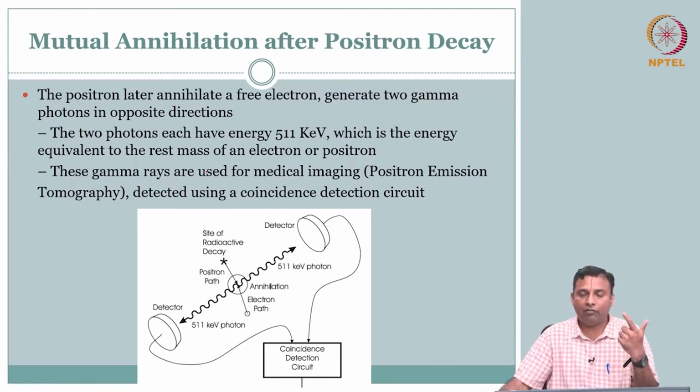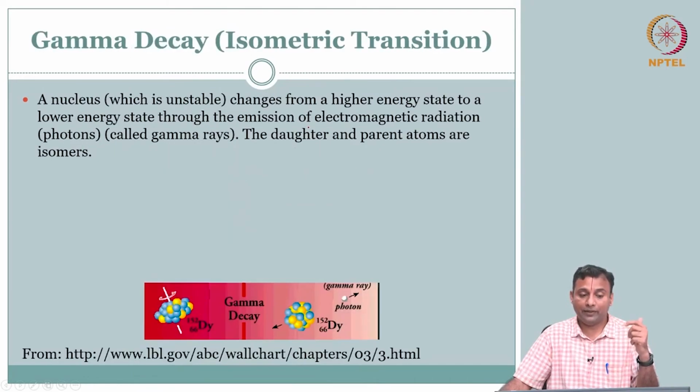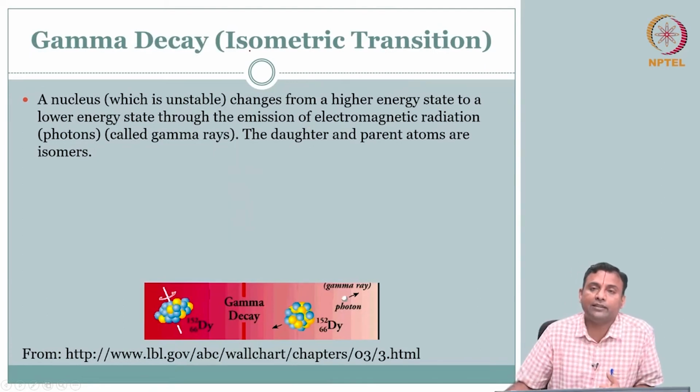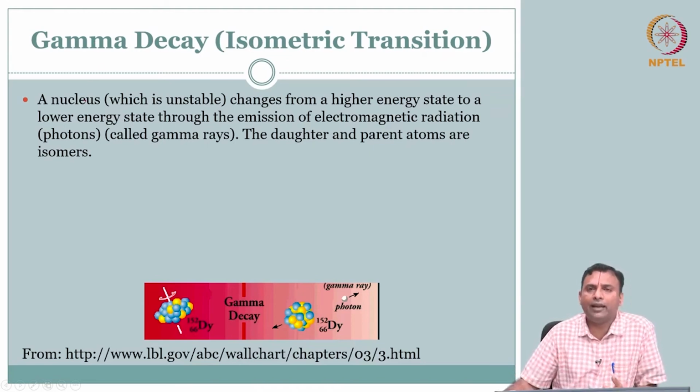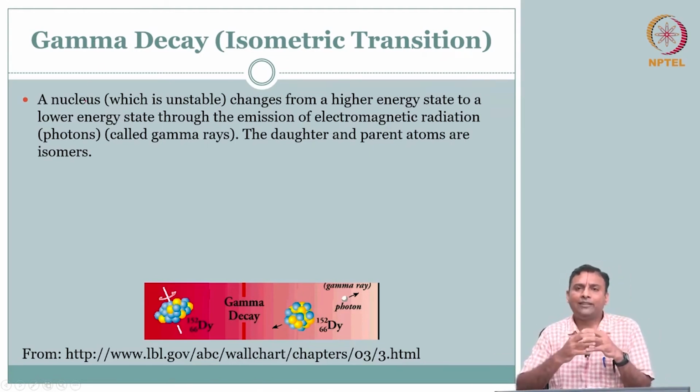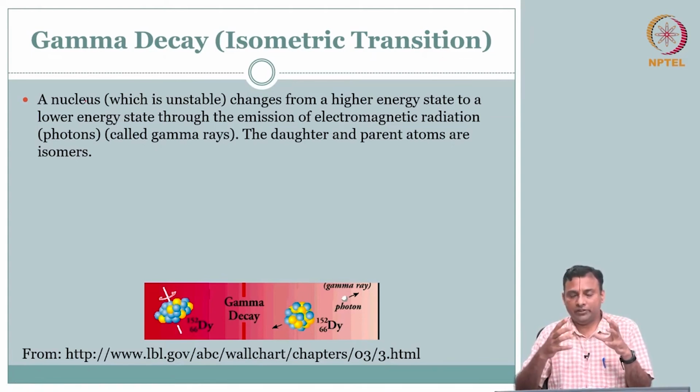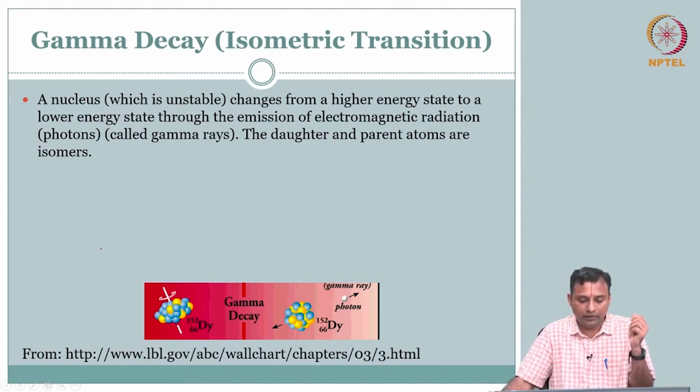So we have alpha, beta, beta minus, and beta plus, which is your positron, and then you have isomeric. Okay, isomeric transition is another way to get gamma decay. Here again the logic is the same: you have an unstable nucleus, but the mass number and atomic number do not change after the decay.